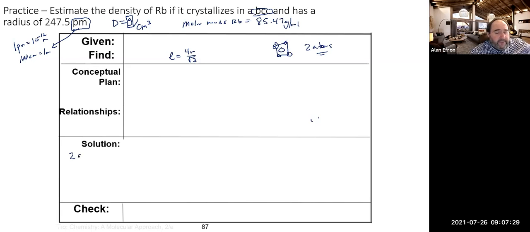So here we would be starting with 2 atoms in this case. Again, we use Avogadro's number on the bottom to get rid of the atoms per mole. And obviously we want to use the molar mass from the periodic table for rubidium, which was 85.47.